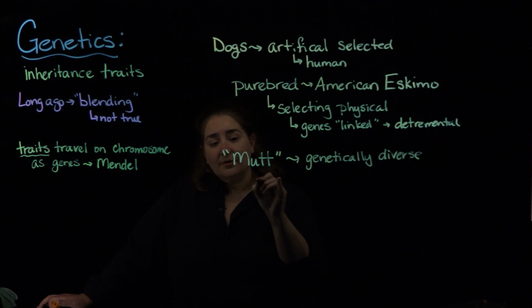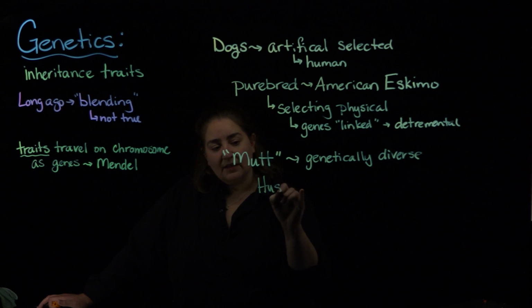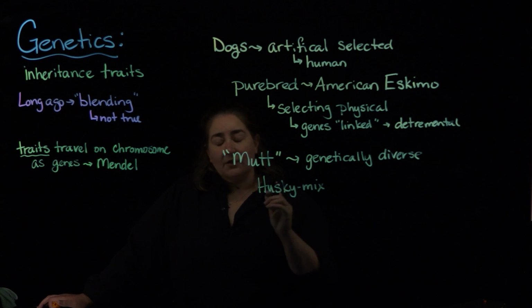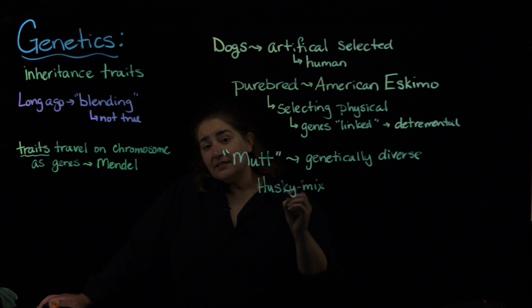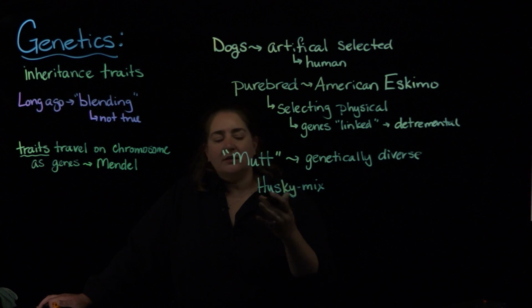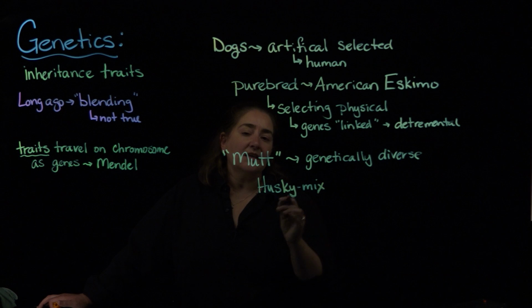Our other dog that we've got is a husky mix, okay? We have no idea what he's mixed with for sure. My guess is he's mixed with Corgi. My husband happens to think he's mixed with Australian cattle dog. I think I'm right. In the end, it doesn't matter.